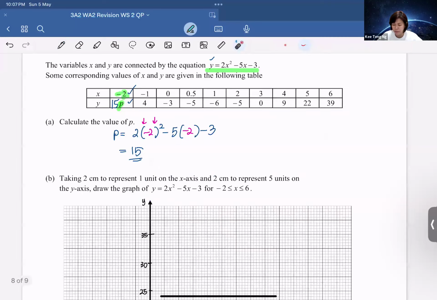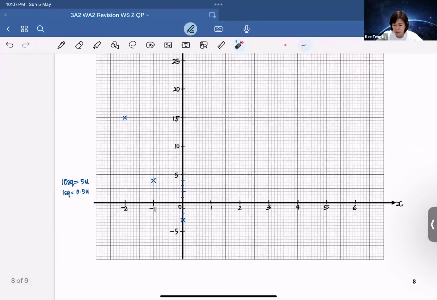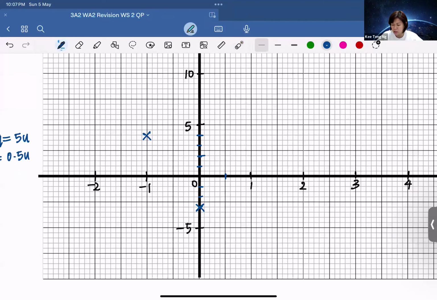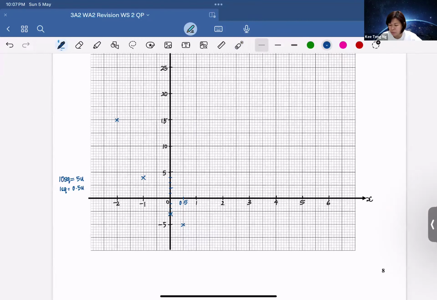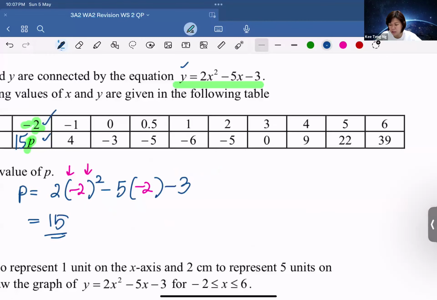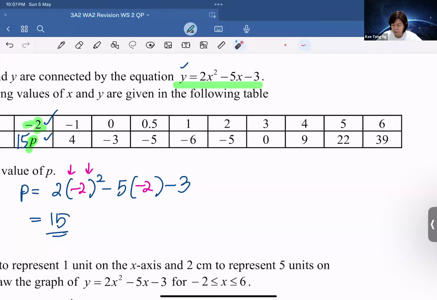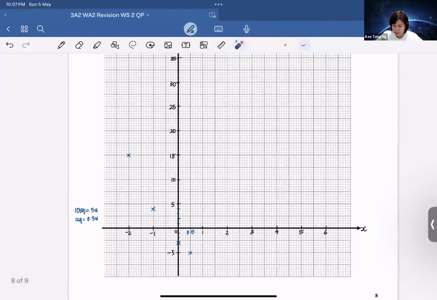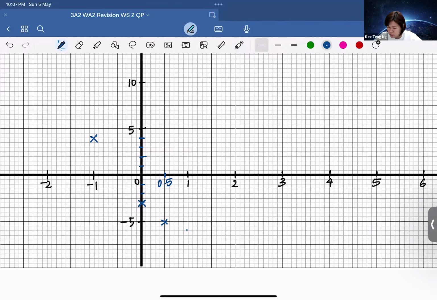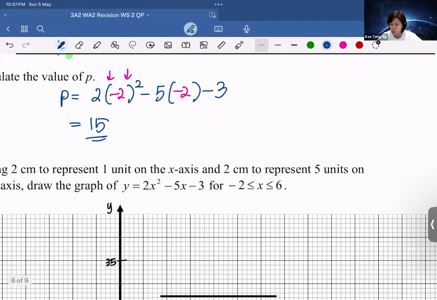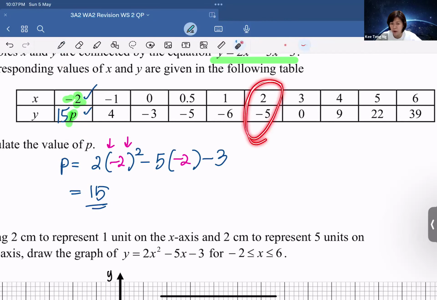When x is 0.5, it goes to -5, all the way until here. Then we have another point, 1 at -6. -6 will be here, two more squares. And we have the next one, 2 is -5.